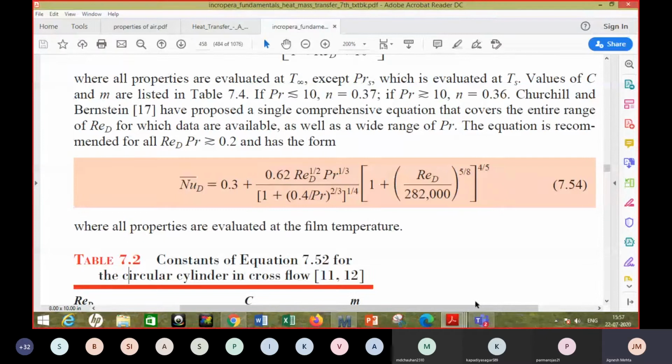Okay, so get this number: 0.3 plus 0.62 Reynolds number raised to 1/2, Prandtl number raised to 1/5. So the formula is a bit complicated, but the good thing about this formula is that it is applicable over a very wide range of Reynolds number and Prandtl number. Okay. So get the number and tell me what is the Nusselt number that you are getting. You can type it in the chat box.